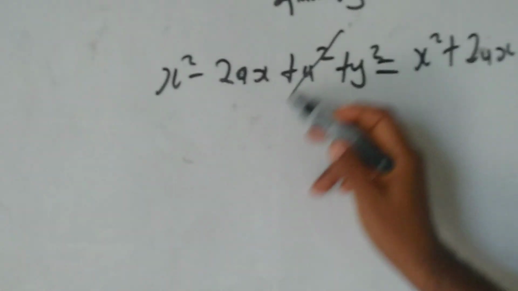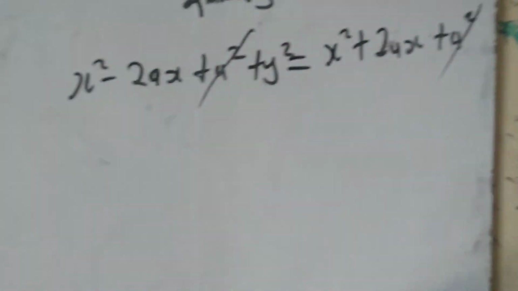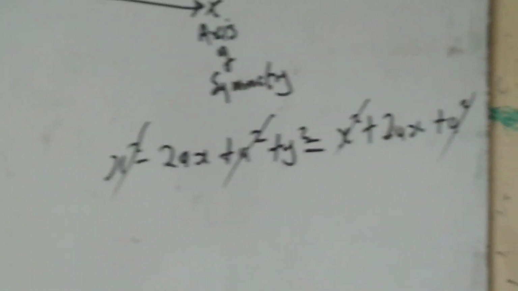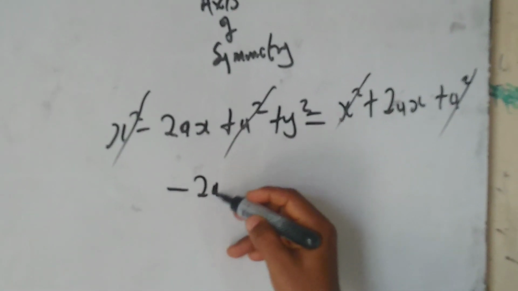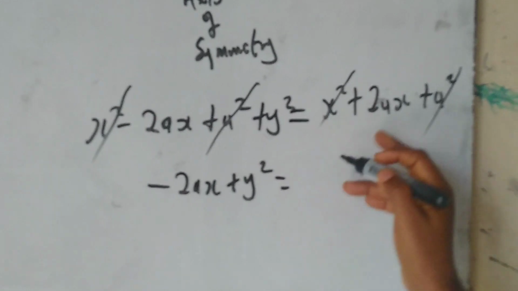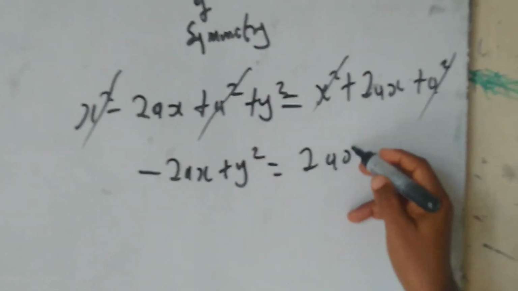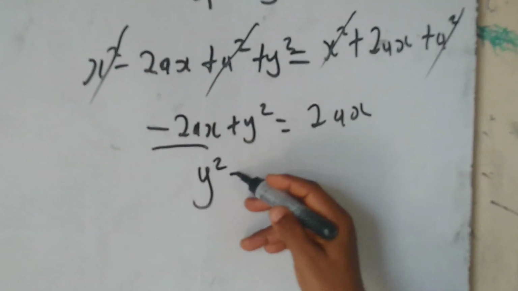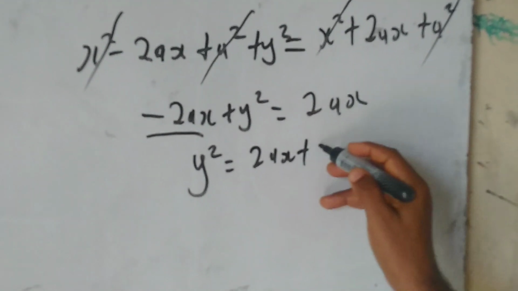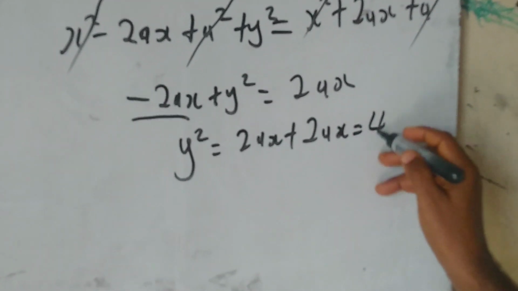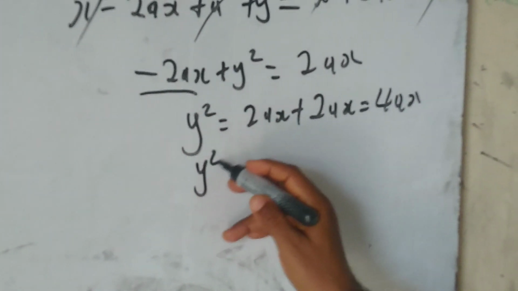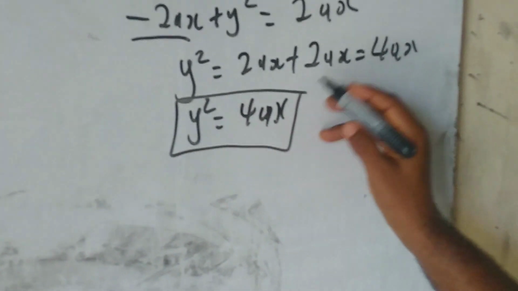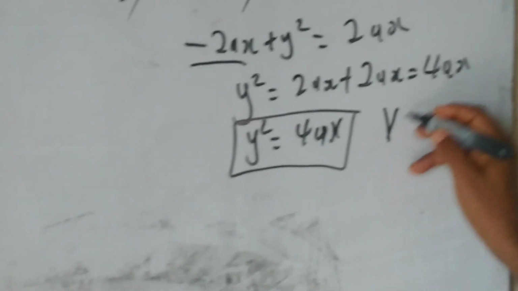We can see that a squared cancels on both sides of the equation, and x squared cancels on both sides. So I'm left with minus 2ax plus y squared is equal to 2ax. If I take this minus 2ax to the other side, it becomes positive. Therefore, y squared will now be 2ax plus another 2ax, which is 4ax. So y squared is equal to 4ax is the equation of a parabola with the vertex at the origin.